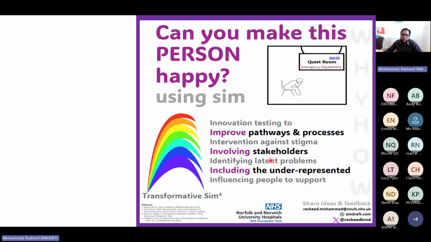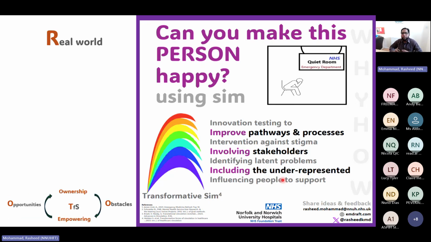Or, like I mentioned, are carers and patients really part of the learning experiences that we develop and the kind of responses that we develop in our processes and pathways? And these underrepresented people, for example, the police who are involved within the A&E with multiple sections and legal sections that they bring patients with, do they have a say in how we actually respond to these patients?